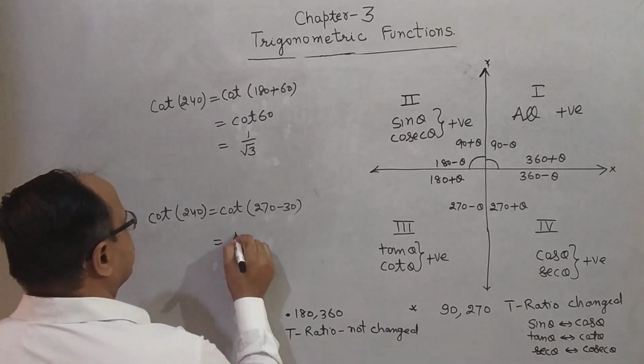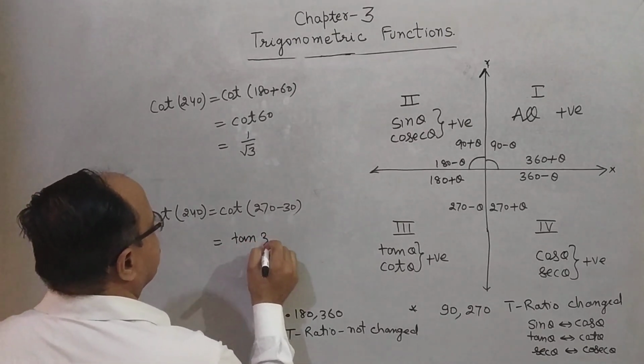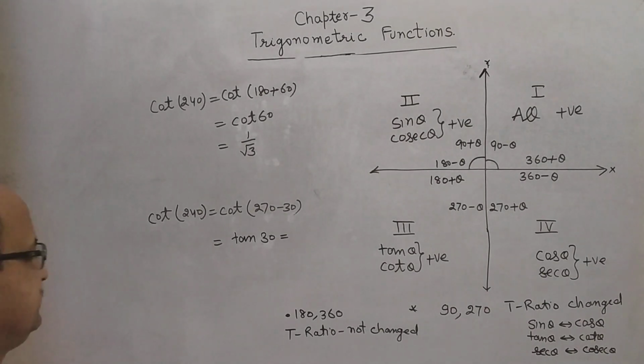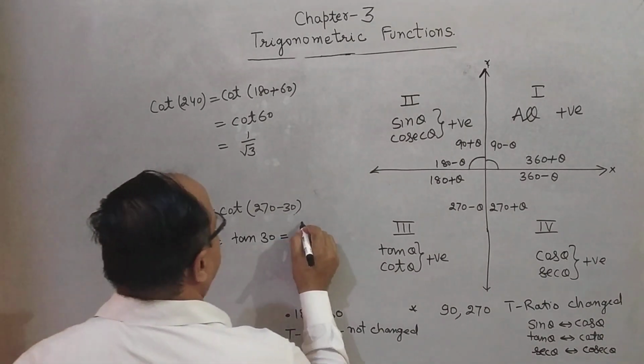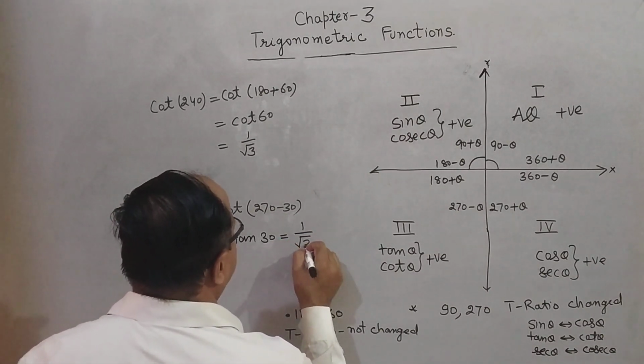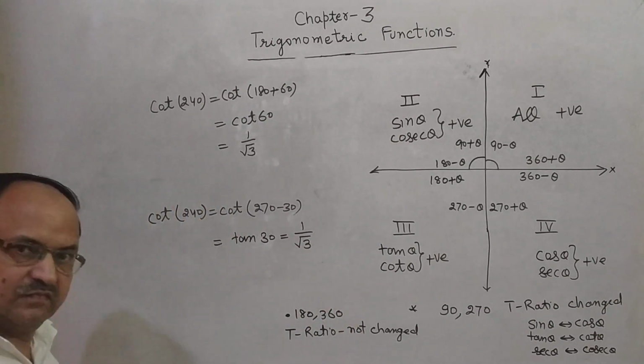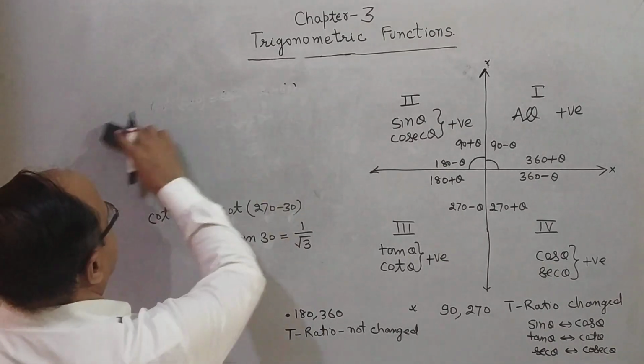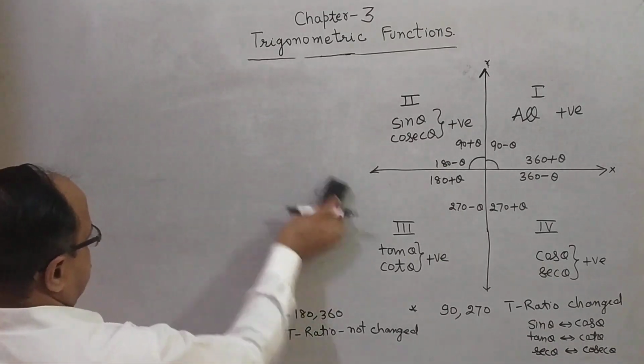So in place of cot you can write tan 30, and the value of tan 30 is 1 by root 3. Right? So similarly, you can solve this type of questions.